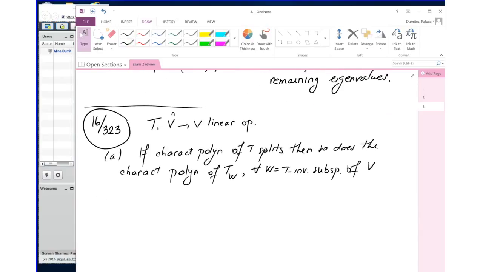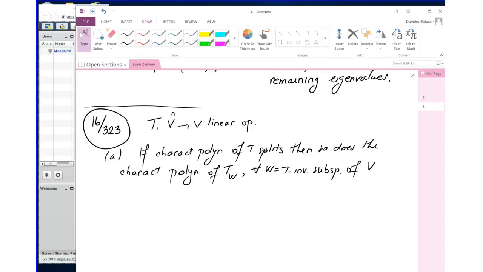So this would be an example of a more theoretical kind of question, let's say, on the exam. It's actually a pretty good example. All right, so what is the connection between the characteristic polynomial of T and the characteristic polynomial of the restriction of T to a T-invariant subspace?